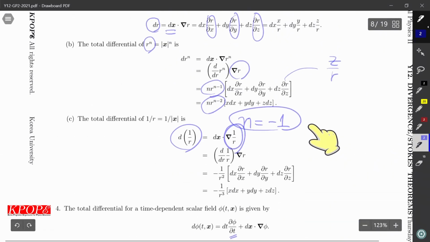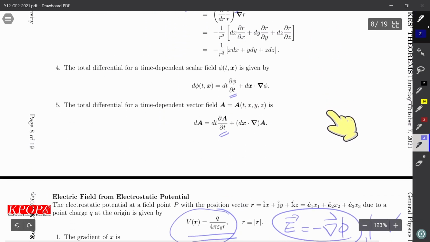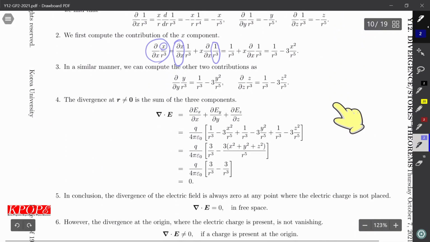Just remember this calculation. And this is true for x component. For y component, the first term is the same, and second term x squared is replaced with y squared. And third one, still 1 over r cubed is the same, minus 3 z squared.